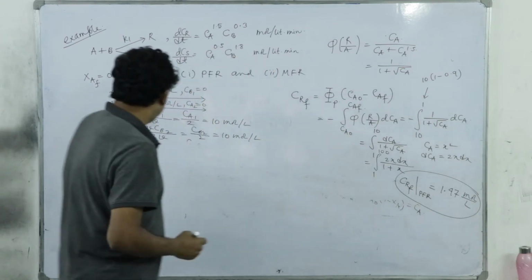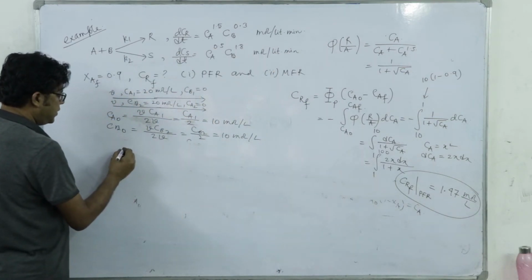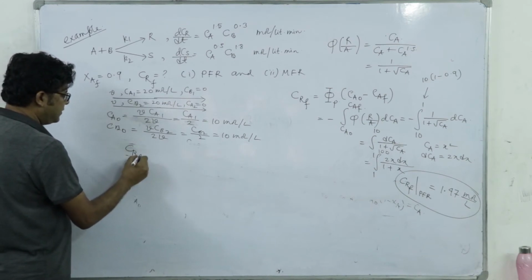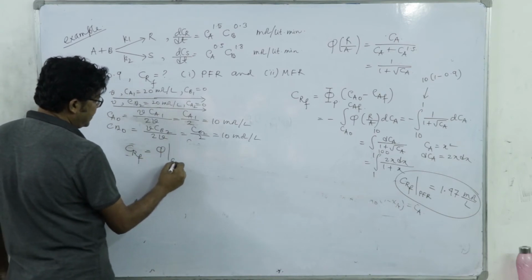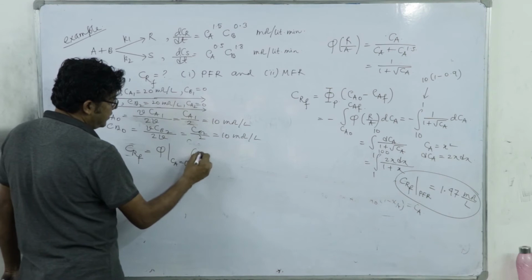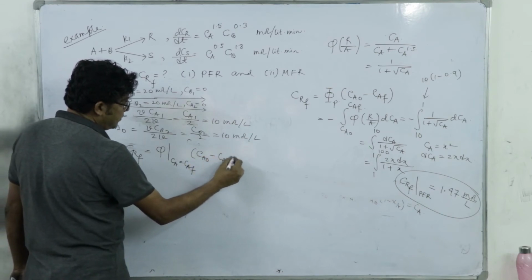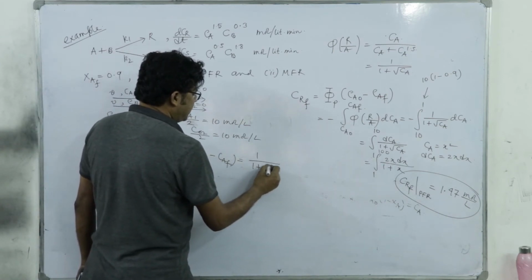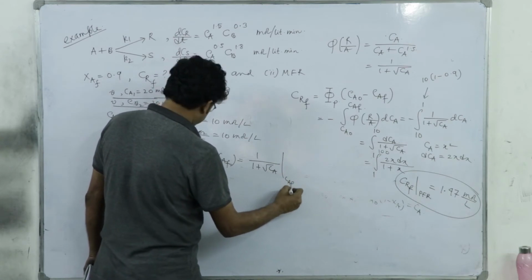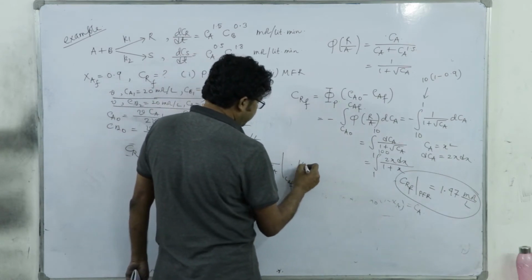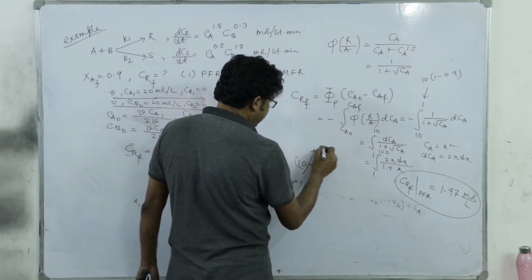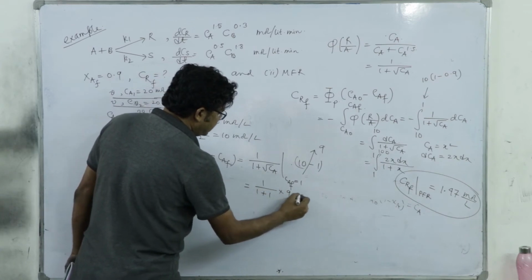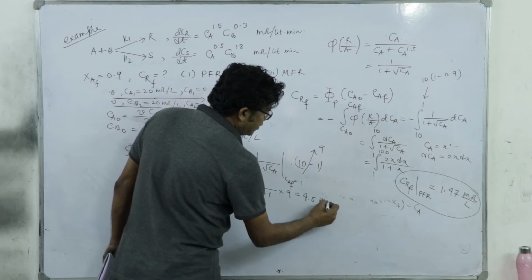Now here we can directly write CRF is equal to small phi R by A at Ca equal to Cf, into Ca0 minus Cf. So this is 1 divided by 1 plus the square root of Ca at Cf, which is equal to 1, multiplied by 10 minus 1, which is basically 9. So this is 1 divided by 1 plus 1, into 9, which is 4.5 mole per liter.